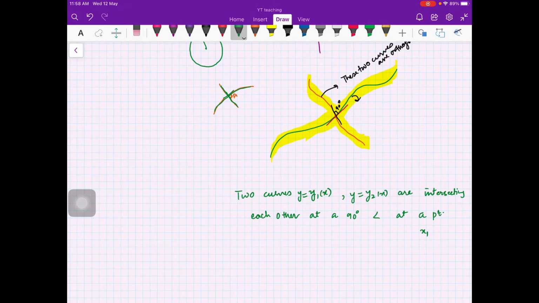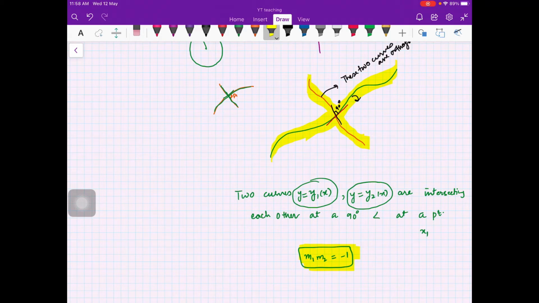Then it means that the slope of this curve and this curve at the point x1, the product of the slopes, will be -1. So this is the condition for curves to make a 90 degree angle.